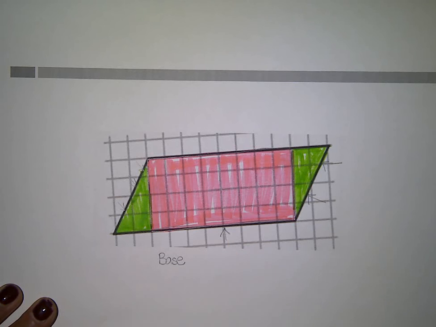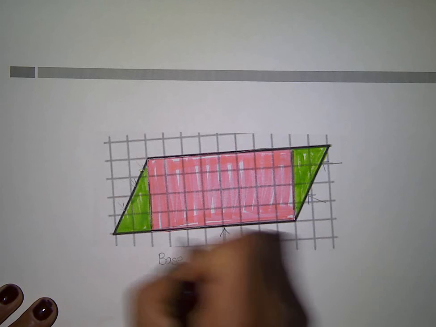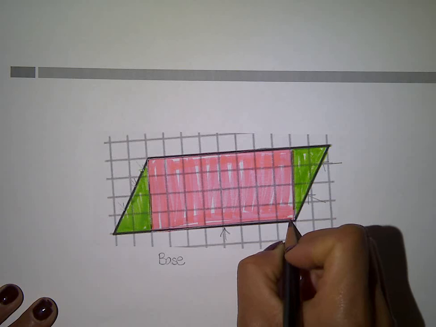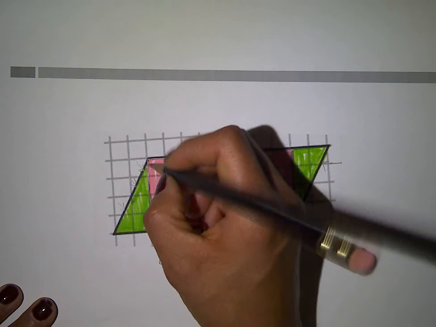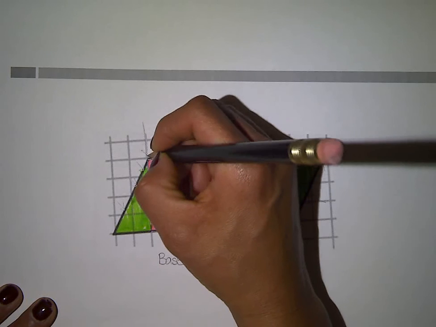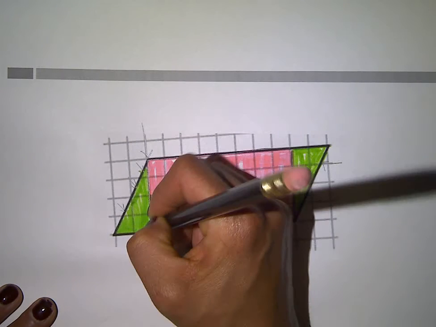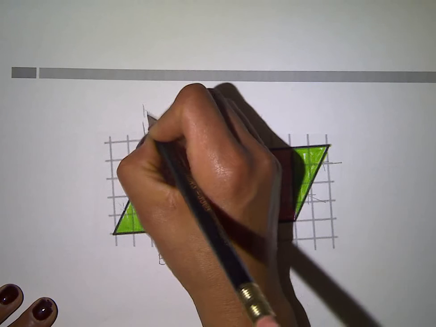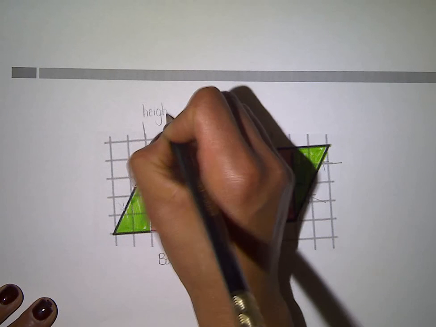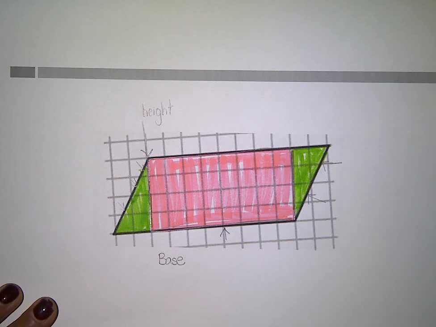The base is the bottom of the parallelogram. We will call this side the height. And those are the two sides that we will use to find the area of our parallelogram.